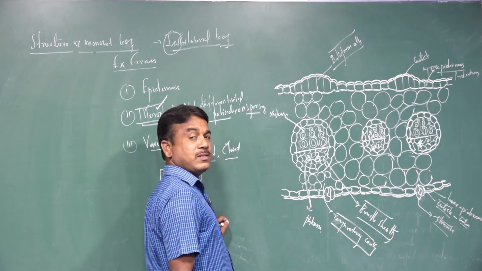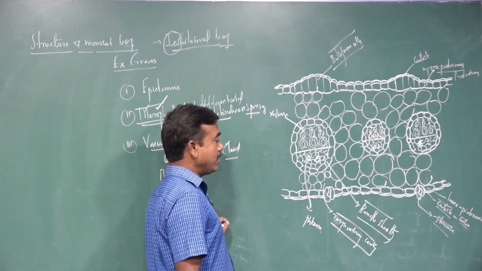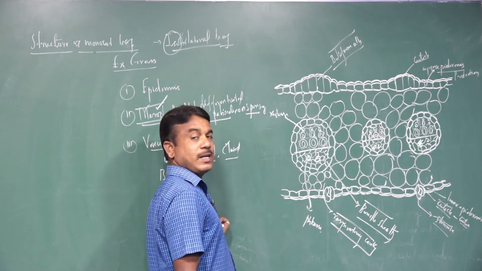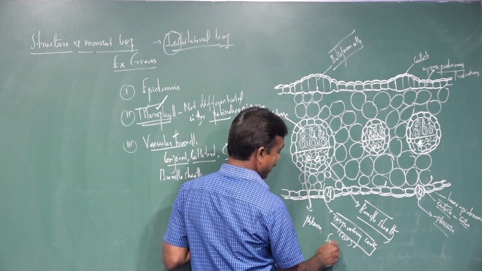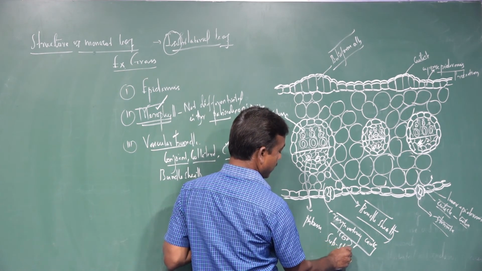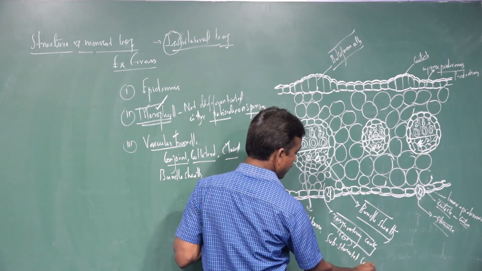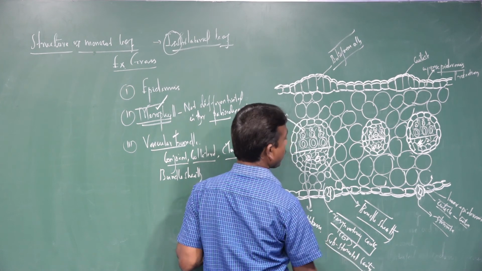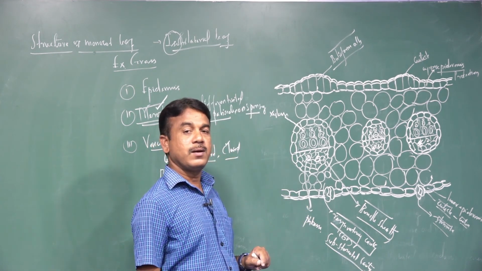The air spaces that occur near or next to the stomata are commonly called the respiratory cavity, also called the substomatal cavity. So those are the structures of the leaf.